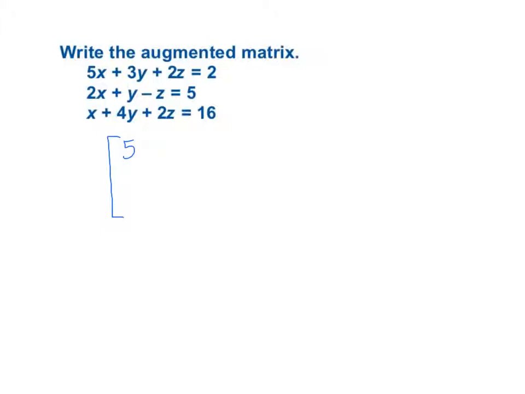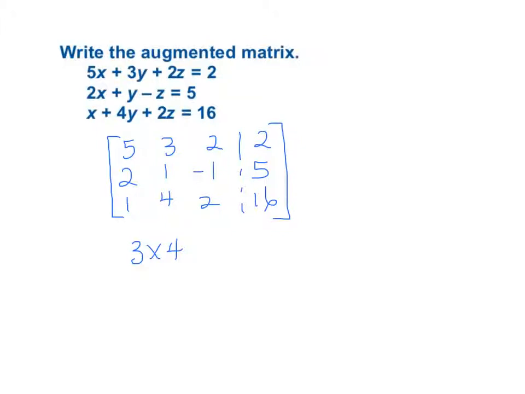But here's row, so I have a 5 and then a 3 and then a 2. Notice no letters, just the numbers in front with a 2. Okay, and then I have 2, then 1, then -1 and 5, 1, 4, 2, and 16. And so that is the augmented matrix. And this is a 3 by 4 matrix.